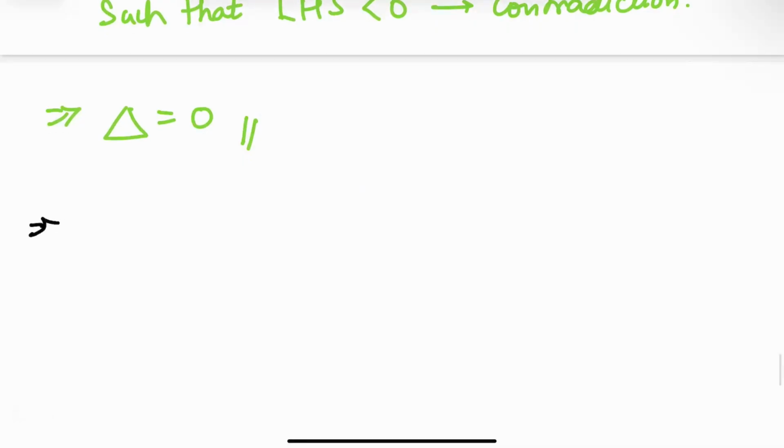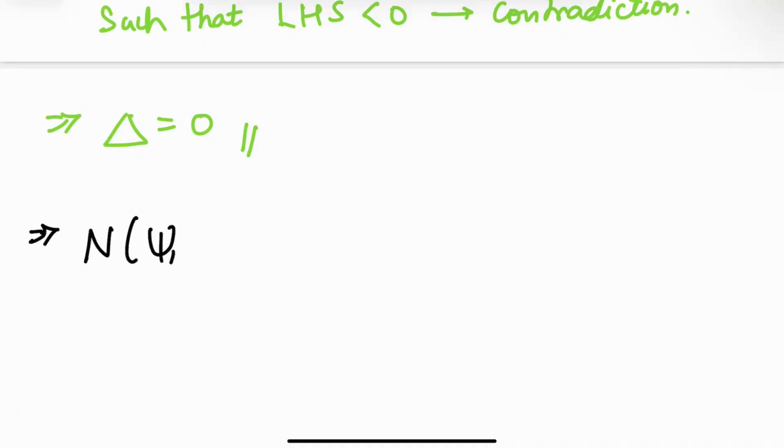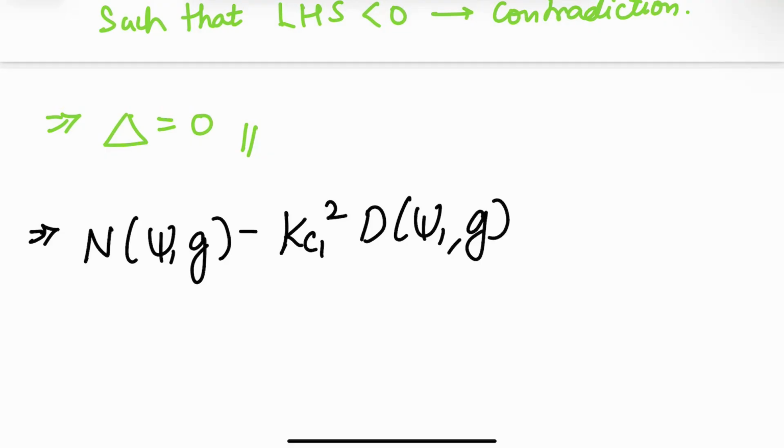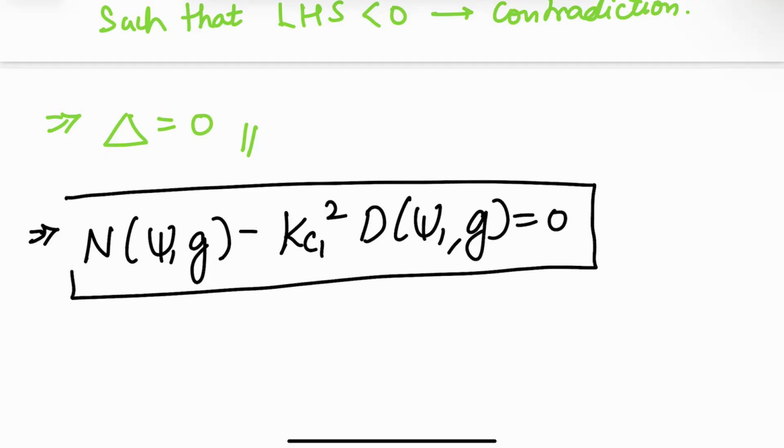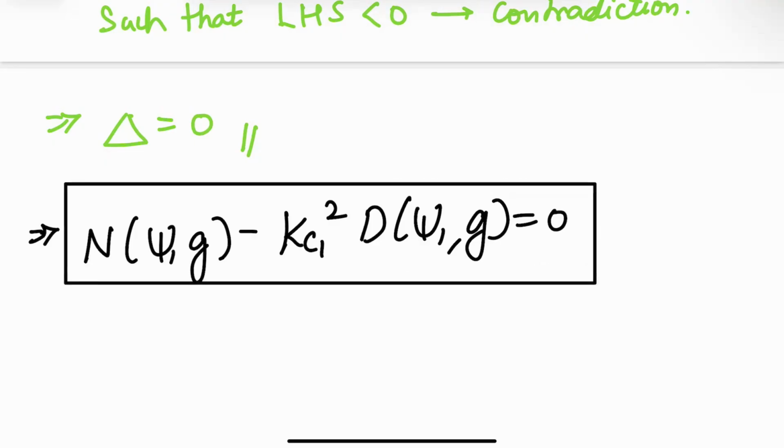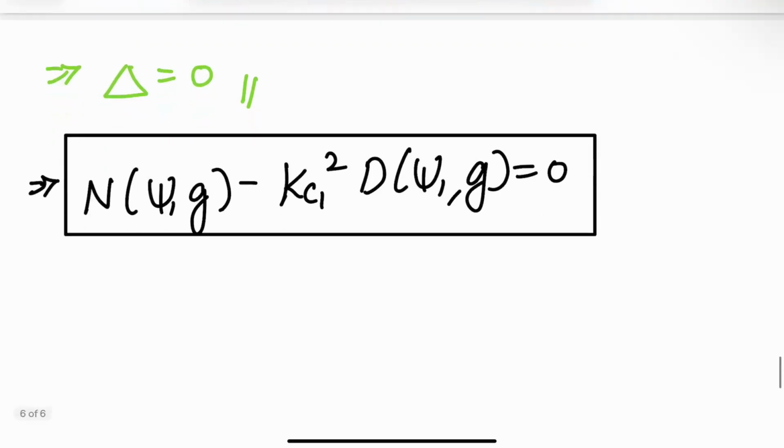It means that n of psi 1 comma g minus kc1 square d of psi 1 comma g is equal to 0. So this is a very important and non-trivial result, right?